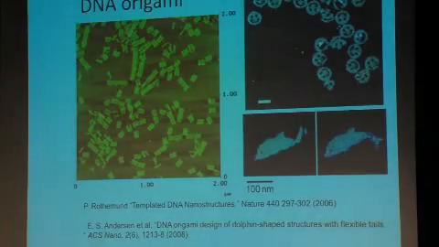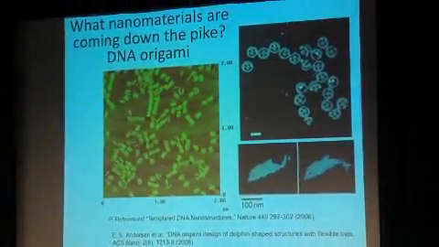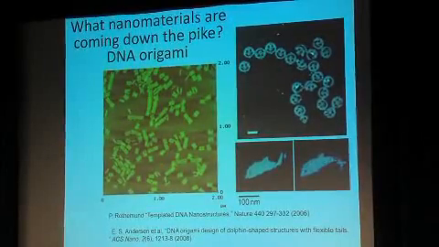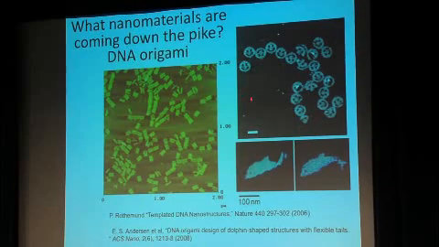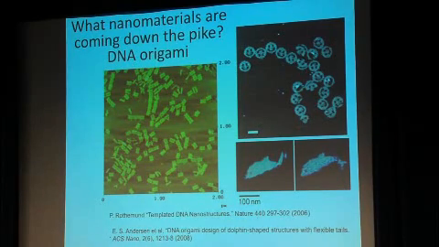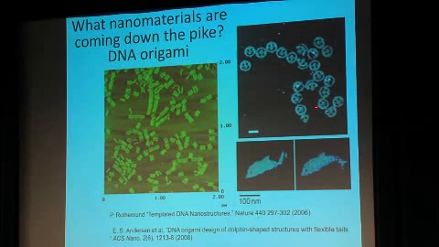Okay, I wanted to show you another nanomaterial coming down the pike, and this is one you're going to have to indulge me because this is my own area of research. I'm working with DNA origami, and these are structures that are synthesized from chunks of DNA. And I'm going to show you a pretty movie in a minute to show you how we make these shapes. But basically, all of these structures are made from the same piece of DNA. They're made from the entire genome of a small bacteriophage.